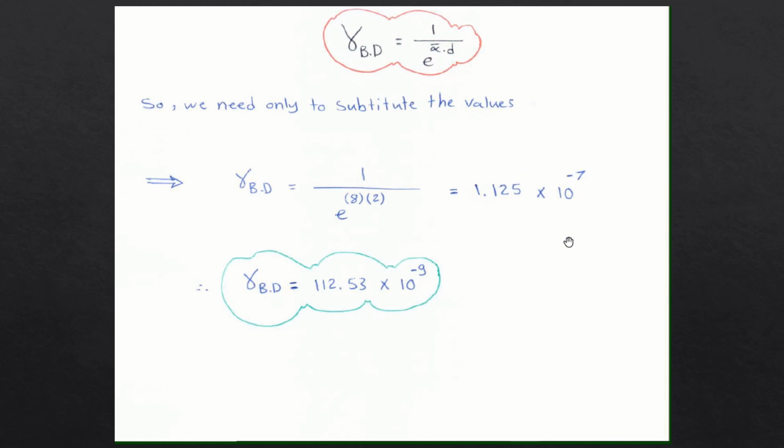And if you want to make your answer look better, you can do it this way. By pressing the conversion key in your calculator, you will get the answer as 112.53 into 10 to the power minus 9. If you write this answer, you will get the full mark in the question.